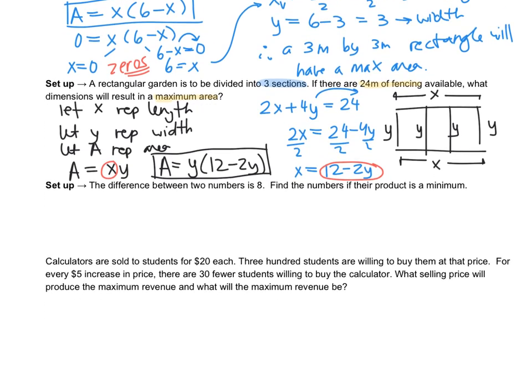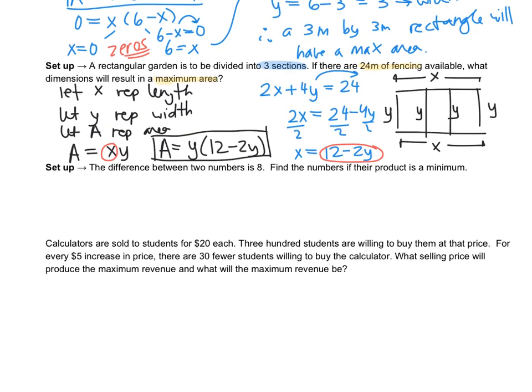All right, let's try another setup. And this one is with integers. The difference between two numbers is 8. Find the numbers if their product is a minimum. I see the word minimum, I'm thinking of the vertex again. So my goal is to find the numbers.